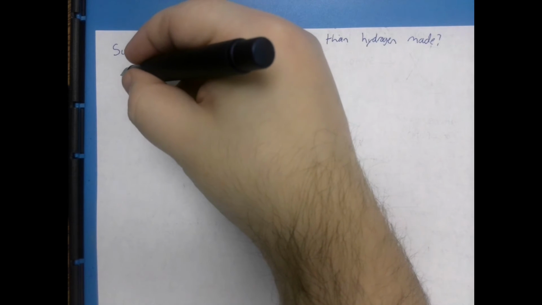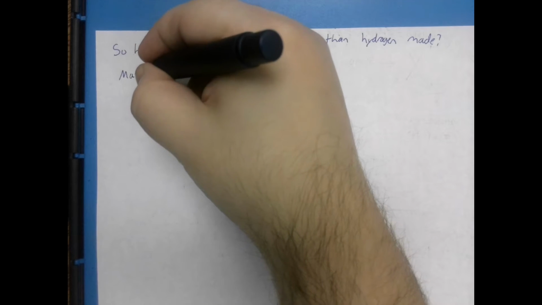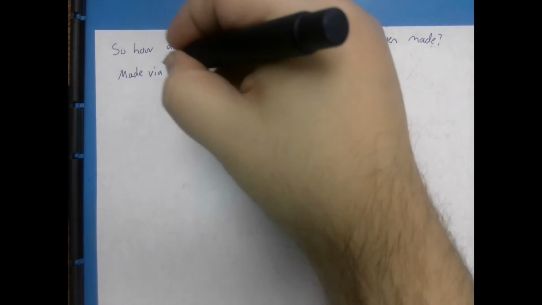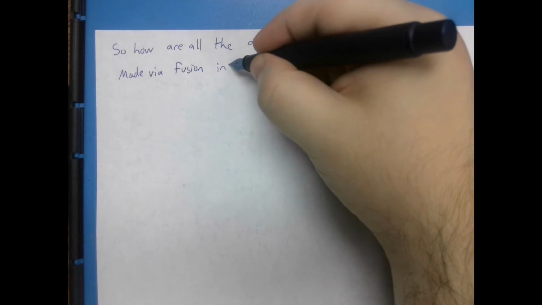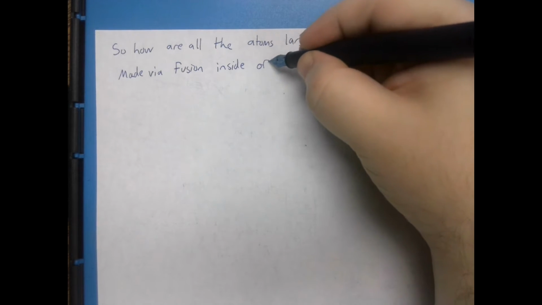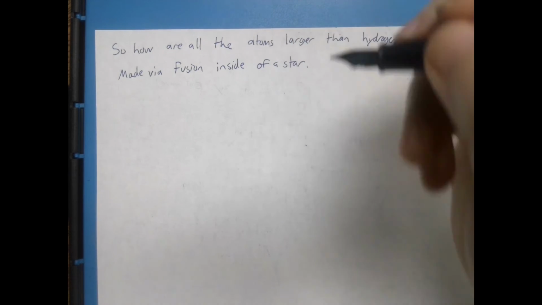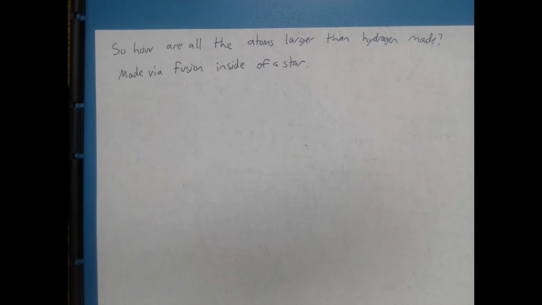So they're made via fusion inside of a star. This is more generic. There are technically some of them radioactively decay into different elements. Some of them were made during the supernova blast when a star explodes. But for most of all, this statement will consider true.